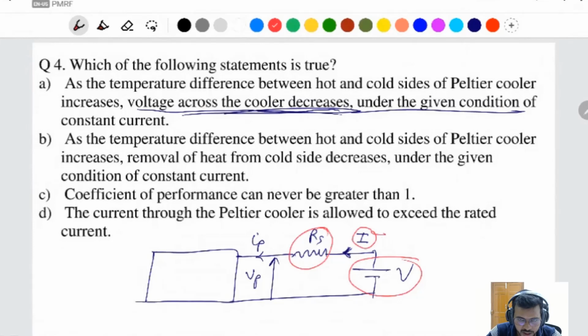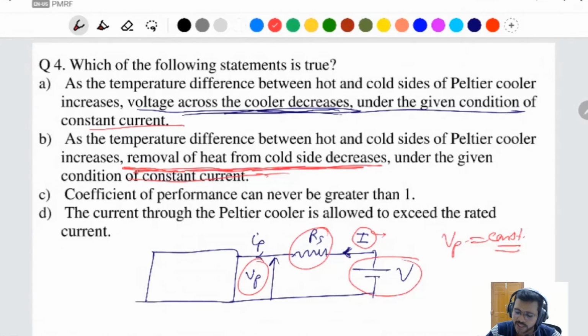Current is given as constant, so Vp will be constant and will not change because of constant current. The second option says that as the temperature difference between the hot and cold side of the Peltier cooler increases, the removal of heat from the cold side decreases under the given condition of constant current. Same thing, but here it is given as the removal of heat from the cold side decreasing.